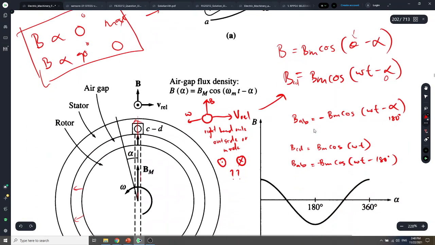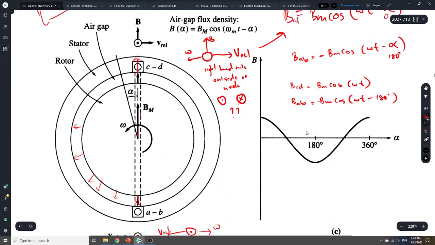So lagi satu penjelasan yang kita boleh jelaskan kat sini adalah bila dia move ke atas, magnetic field move from rotor to stator, so this become north pole, and this one of course will be south pole.